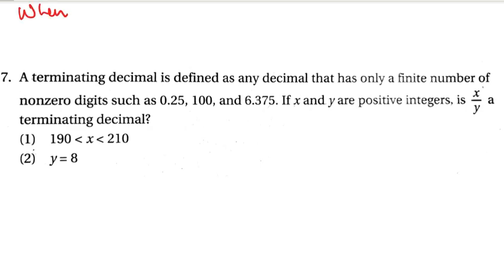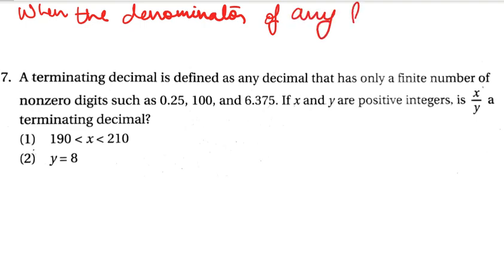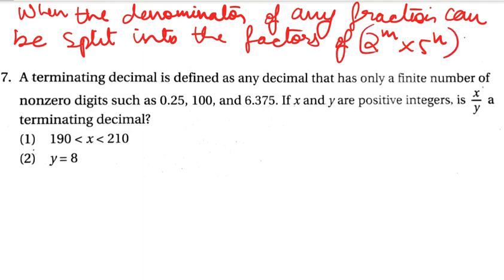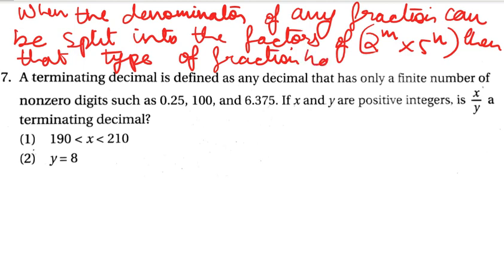When the denominator of any fraction can be split into the factors of 2 to the power m into 5 to the power n, then that type of fraction has a terminating decimal.